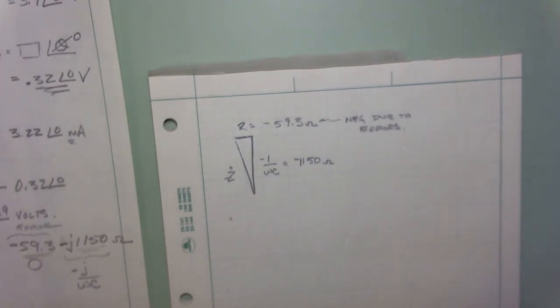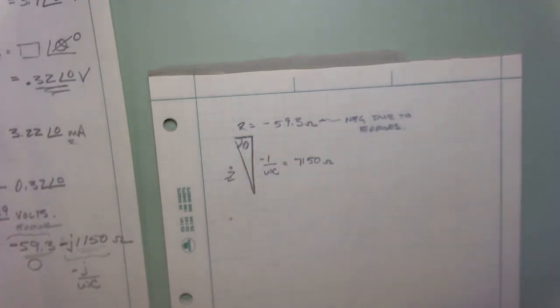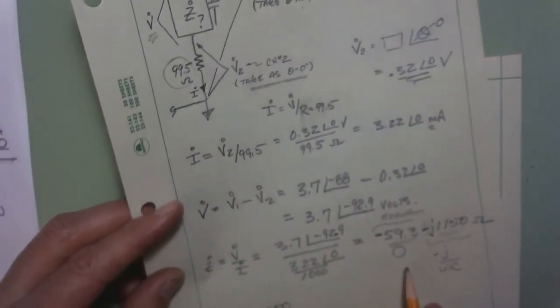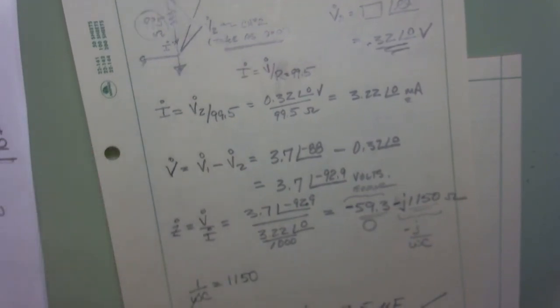Probably most of the errors are in the interpretation of the graphs. Okay, and then that would be our theta, which turns out to be, what do we get for the angle of our impedance? Oh, I don't think I have that because I need to redo this.